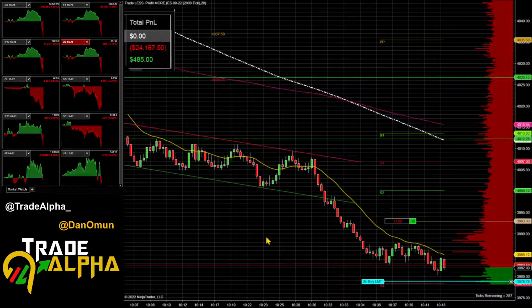You can have it skewed a lot more towards 1-to-1. So it's a trade-off. High probability trades, you can have greater risk. Lower probability trades, you need more controlled risk, and you can have a smaller reward.